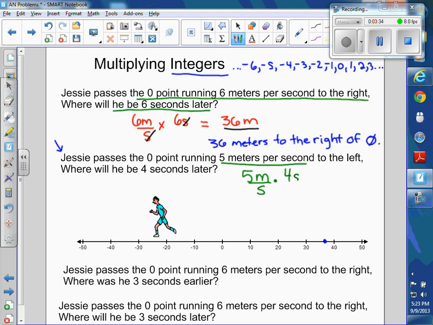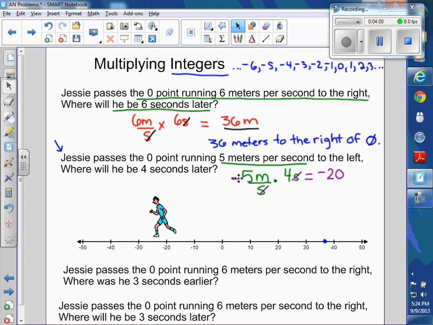But since he's going to the left, we're going to put a negative in front of that 5 meters per second, because it's not only showing his speed, but his direction. So negatives for the left. Then we multiply and our seconds cancel out, and we get a negative 20 for our answer.